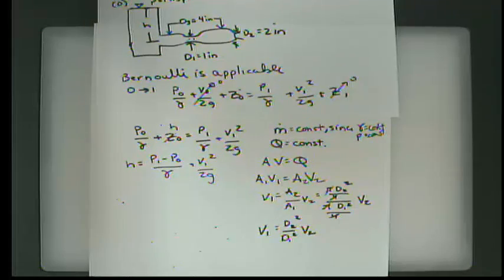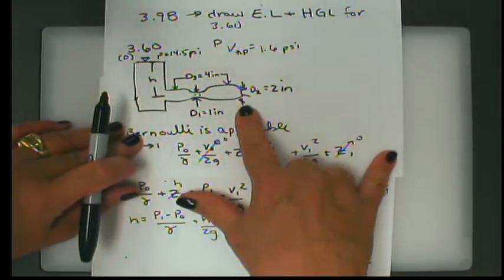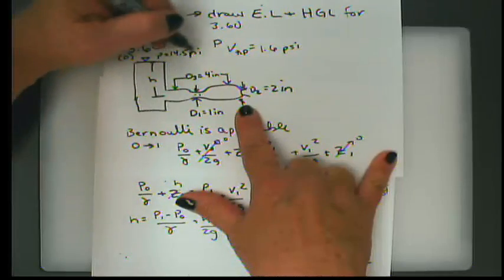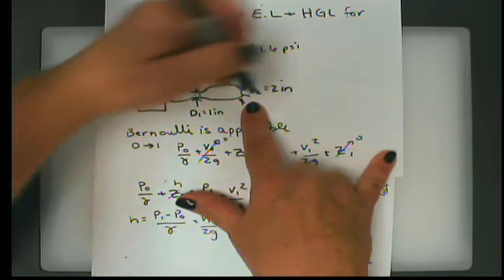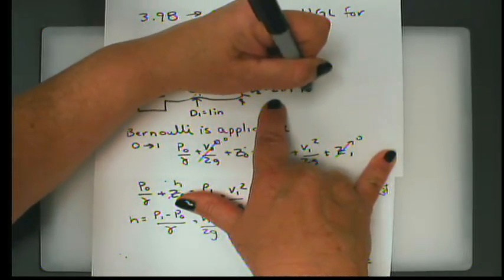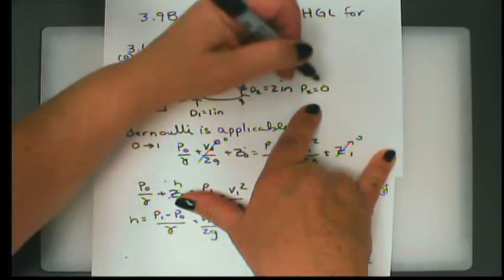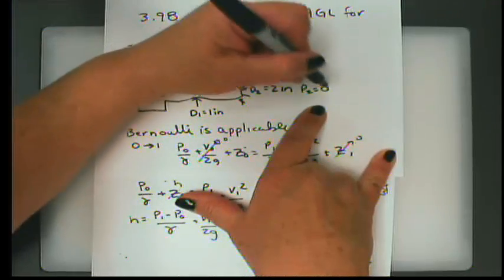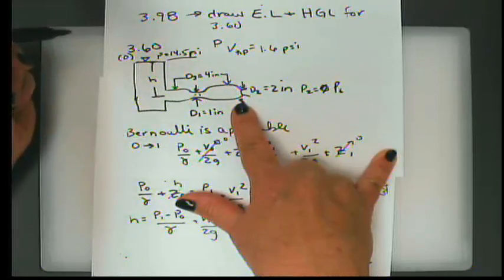All right, so we also know, if we look at this expression here, P0 is exposed to the atmosphere, and P2 is also going to be equal to, or excuse me, not 0, it's going to be 0 gauge, but it's going to be equal to P0, or atmospheric pressure, because we are open to the atmosphere.